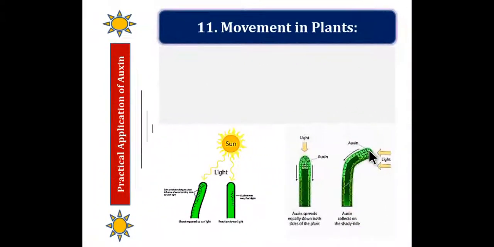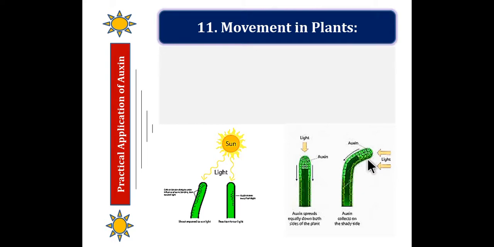The last application is movement in plants. Auxins are involved in phototropic and geotropic movement in the plant due to their polar transport and effect on cellular growth. See here, this picture easily shows that the apical tip of the coleoptile is bending toward the light. This is called the phototropic effect, and it is due to the unequal distribution of auxin.